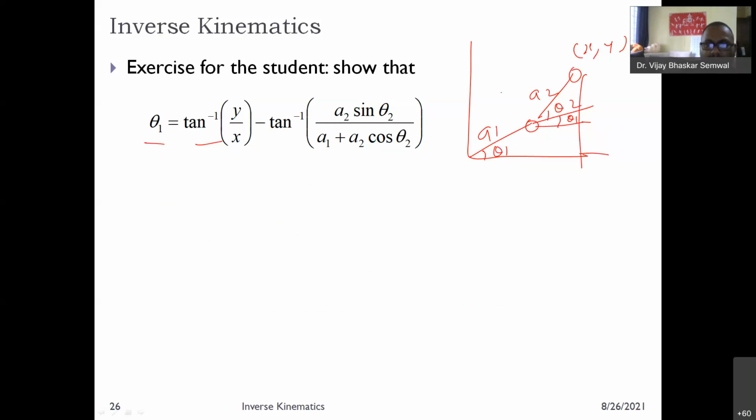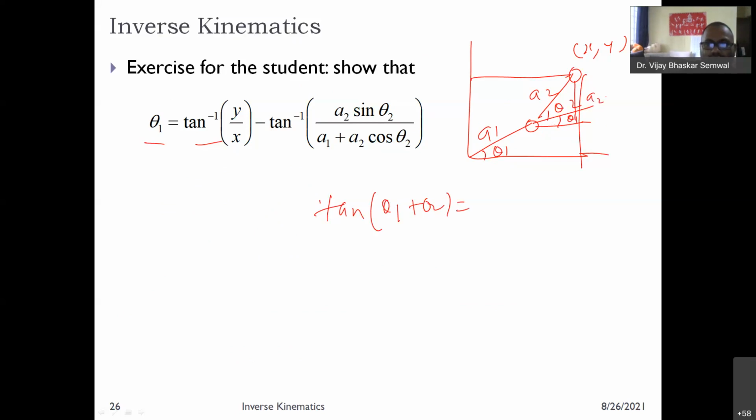If I calculate theta 1, so I need to calculate the theta 1 value. For this, what I will do, I will calculate tan inverse of tan(theta 1 plus theta 2). What is tan(theta 1 plus theta 2)?